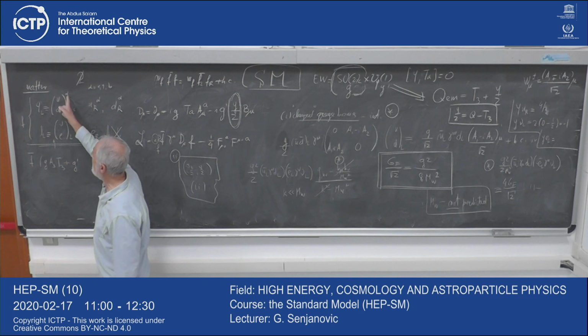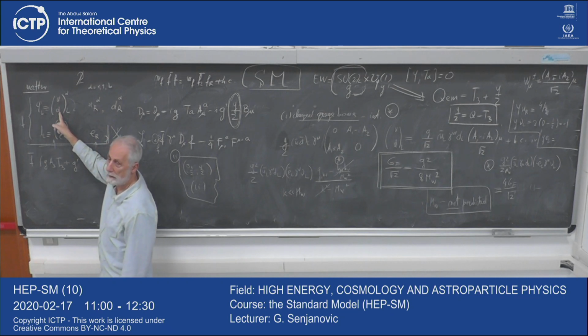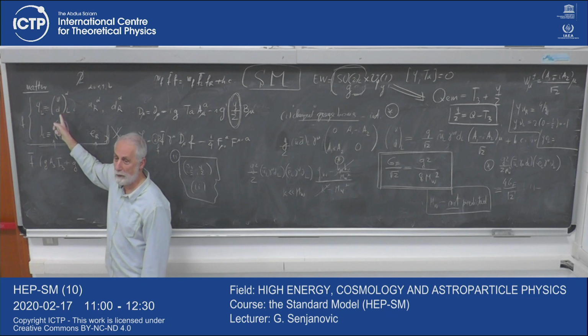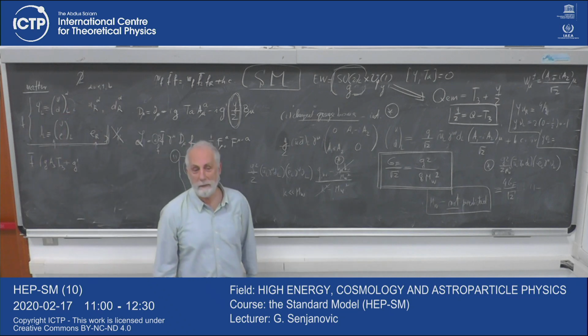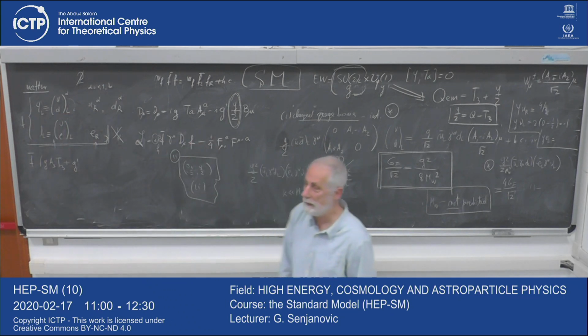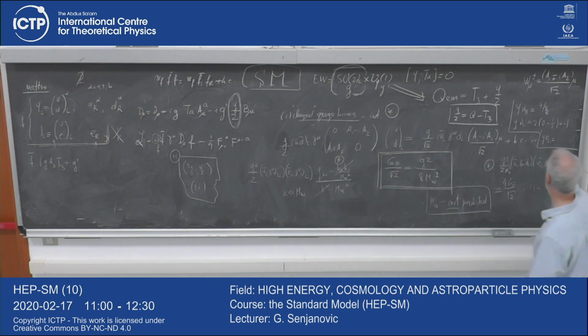For example, if I tell you that this commutes with color, then up and down must have the same color. I cannot put the red up quark and the yellow down quark. So if I tell you that the hypercharge commutes with SU2, that these guys carry the same hypercharge, I don't have to do the calculation, okay? And the way, of course, it works, it will be twice, and charge will be minus 1 plus a half. This is minus 1, and so on and so forth.